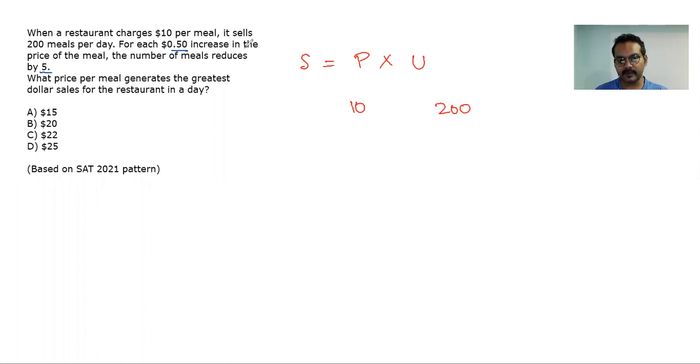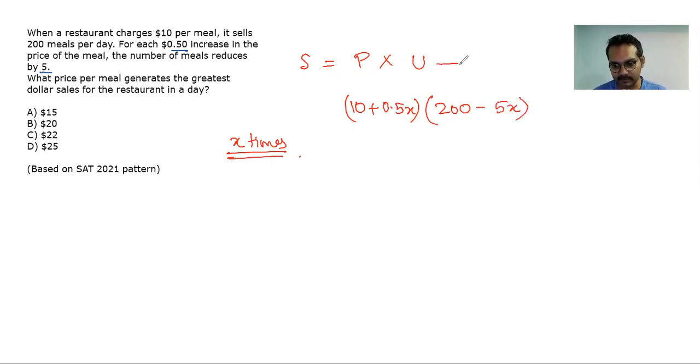For every 0.5 increase, let us say I increase the price x times. Then the price becomes 10 plus 0.5x, and the units reduce by 5 also x times, so it becomes 200 minus 5x. The price is here, the number of units is here, and this is my sales.